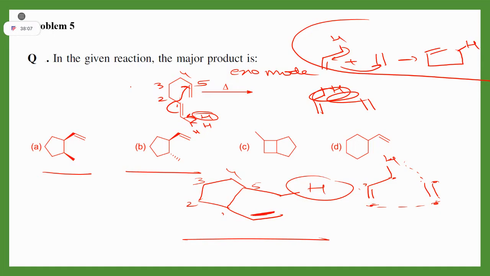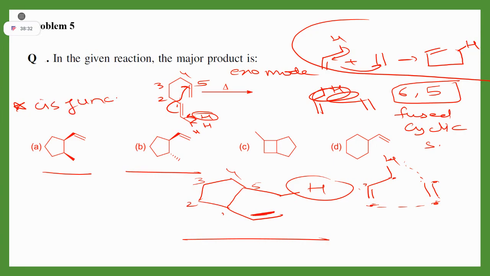So basically, one of the rings forming is 5 with the transition state having a 6 membered ring of that ene transferring hydrogen, right? So whenever you got a 6 5 fused cyclic system, always cis junction is favorable. Okay. So the correct answer is A.